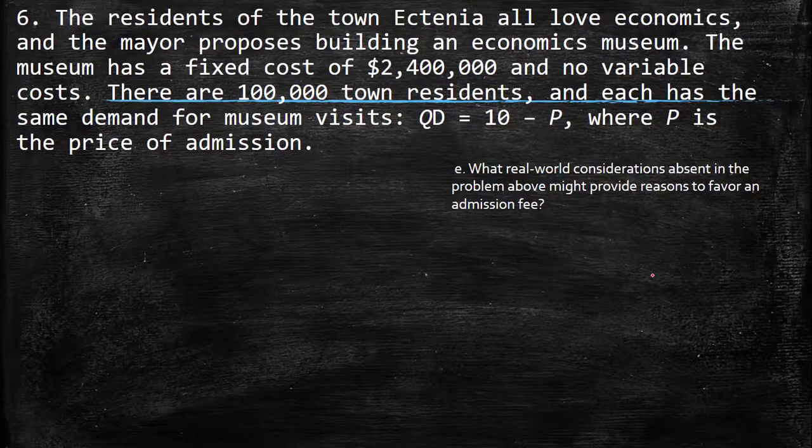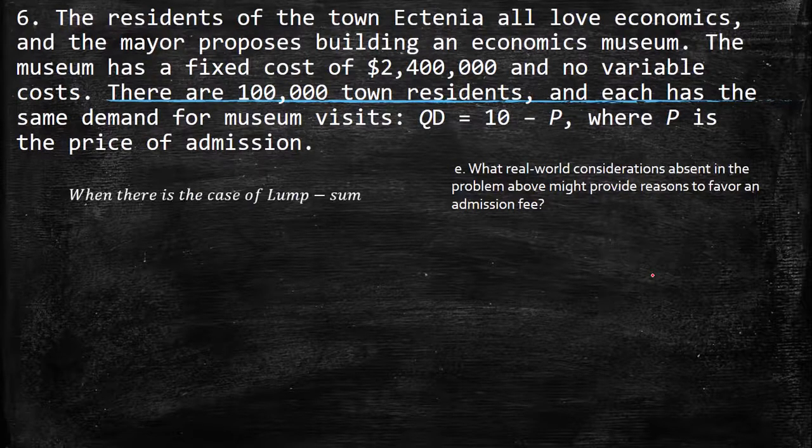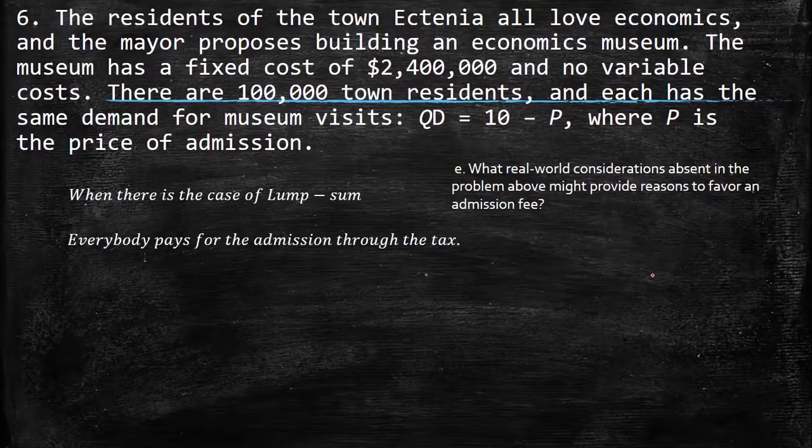Then the last one, I guess: what real-world consideration absent from the problem above might provide reason to favor an admission fee. So the point is, when there is a case of lump sum, you are assuming that all people have the same preferences. So all people go with the same intensity to the museum, when at the end of the day everybody pays for the admission through the tax.